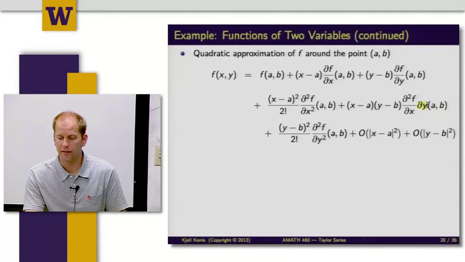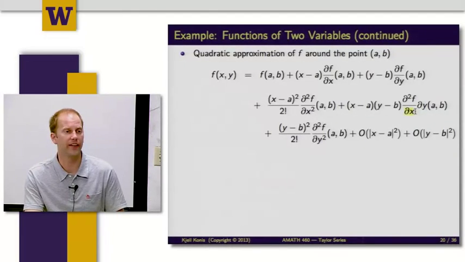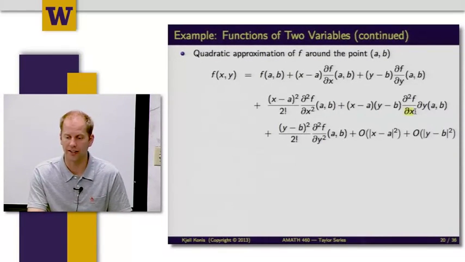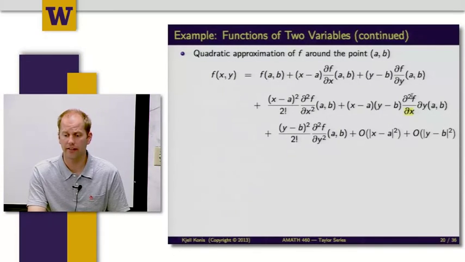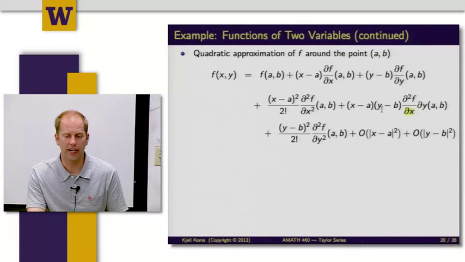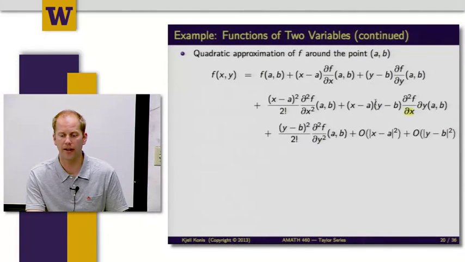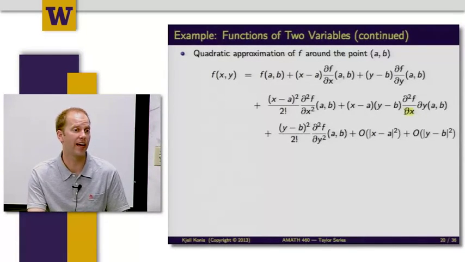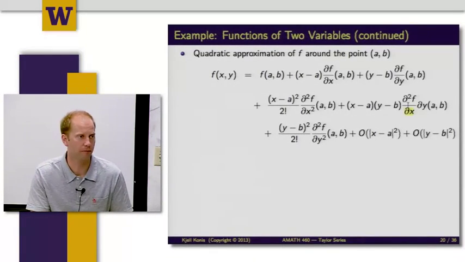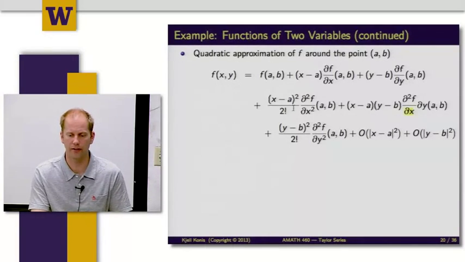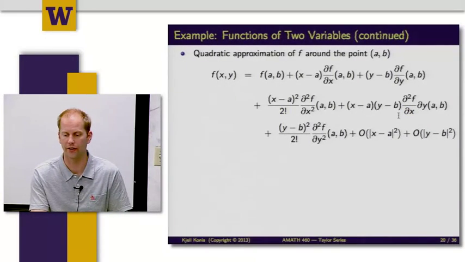So this partial with respect to y was supposed to be in the denominator here, but I think I missed a bracket when I was typesetting this. So this is supposed to be the mixed partial derivative evaluated at (a, b) again. And there's no 2 factorial in the denominator here because this one shows up twice. So I actually have an (x minus a) times (y minus b) plus a (y minus b) times (x minus a). But because that's a symmetric term, I have 2 of those divided by 2. So that knocks out the 2 factorial that you would expect to find in the denominator here.